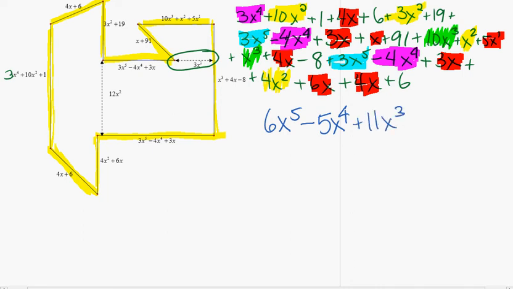X squareds now in yellow: 4 plus 10 is 14, plus 3, 17, plus one more, 18x squared. Plus, now my x is in red: 4 plus 6 is 10, plus another 4, 14, plus 3, 17, plus 1, 18, plus 3, 21, 26 with the 5, and 30.